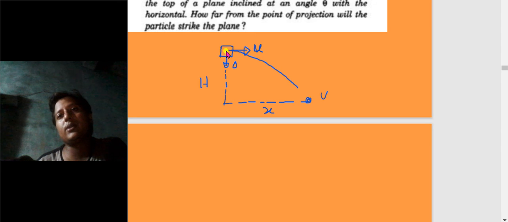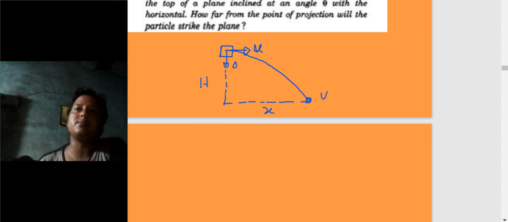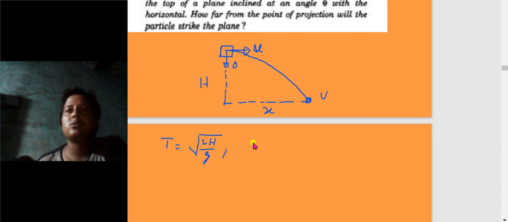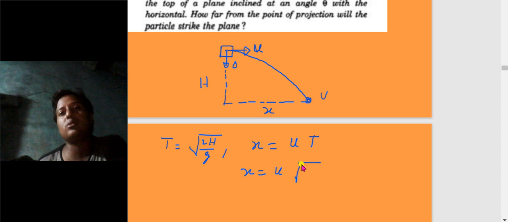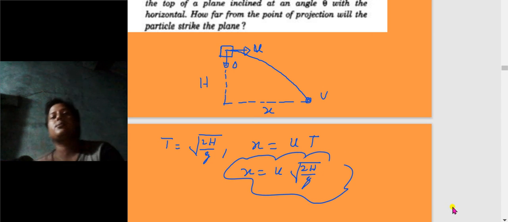So following a parabolic path, the packet reaches the hand of the victim. We know time of flight can be calculated as under root 2h over g. What is x? In horizontal motion, the projectile is uniformly moving, u into t. So x equals u under root 2h over g. So this is the required distance.